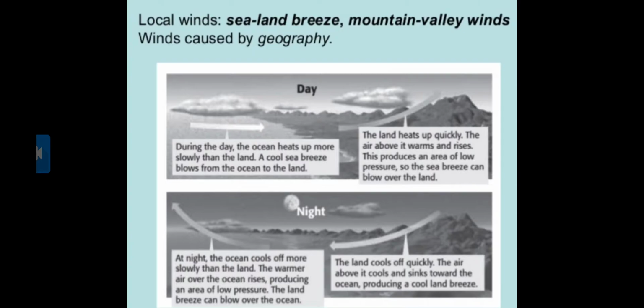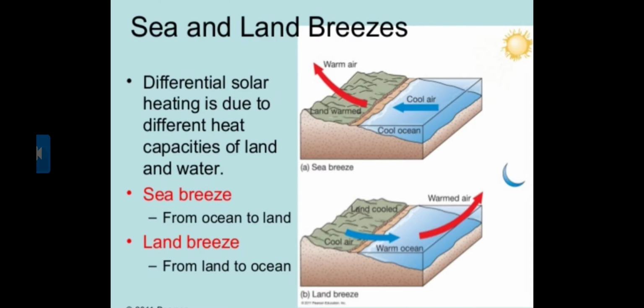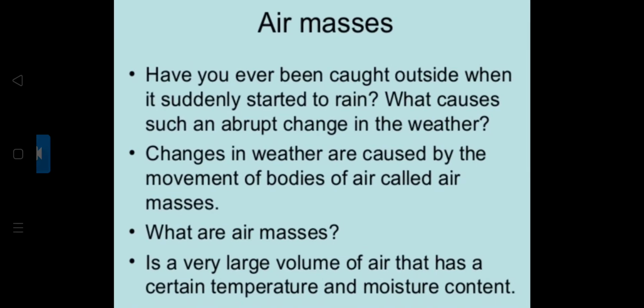The air above it cools and sinks towards the ocean, producing a cool land breeze. Sea and land breeze: the differential solar heating is due to different heat capacities of land and water. Sea breeze is from ocean to land, and land breeze is from land to ocean, in very simple terms.